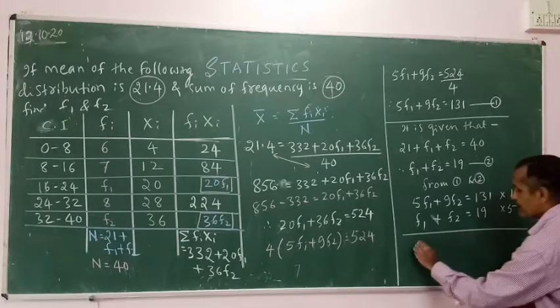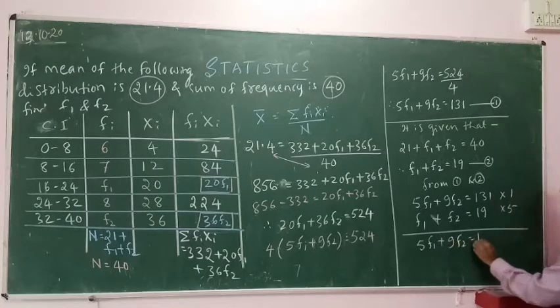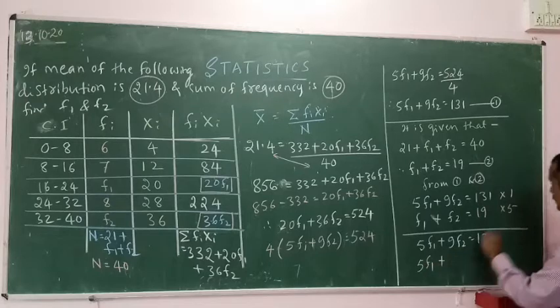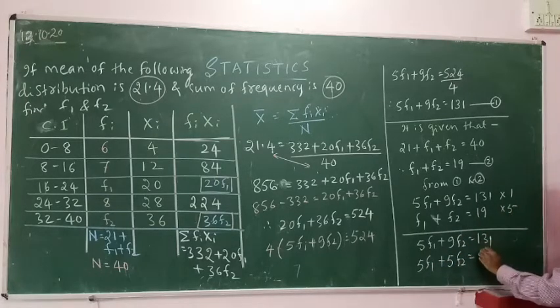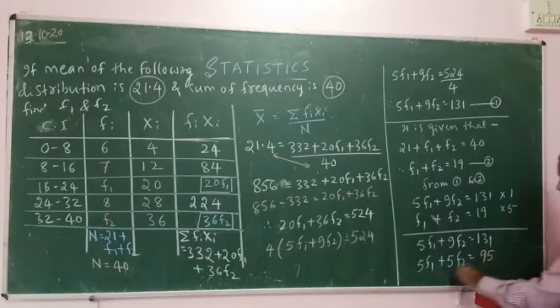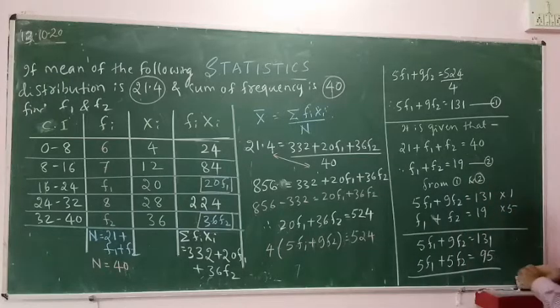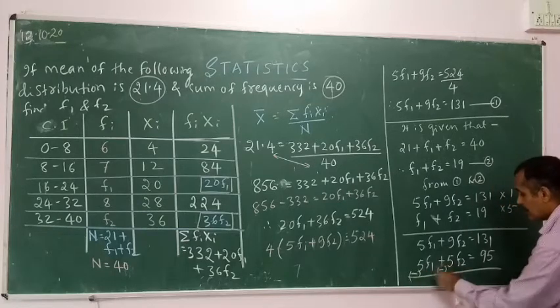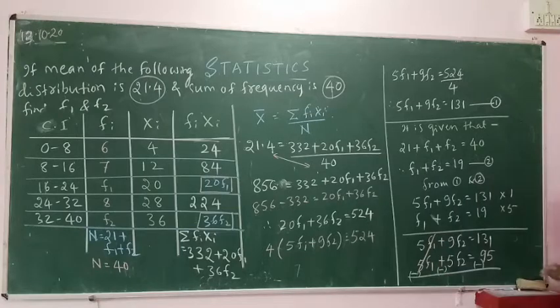That gives you 5f1 plus 9f2 is equal to 131 and 5f1 plus 5f2 is equal to 95. My dear children, keep in mind, a frequency must always be a natural number, not a decimal or a negative integer. Subtract: the 5f1 terms cancel. What is left?